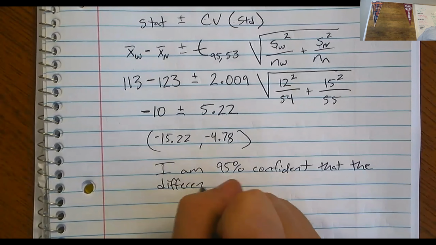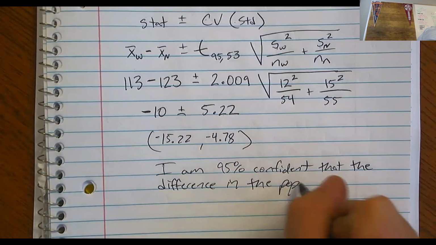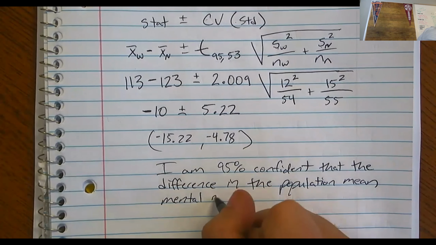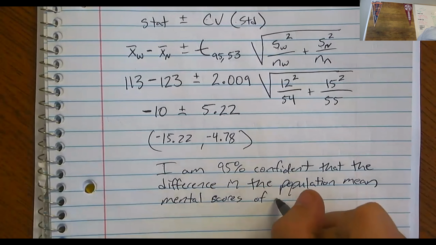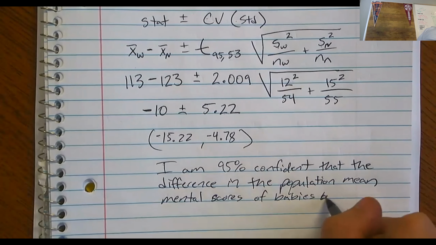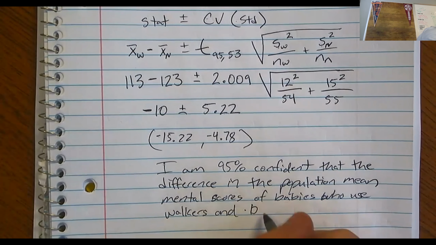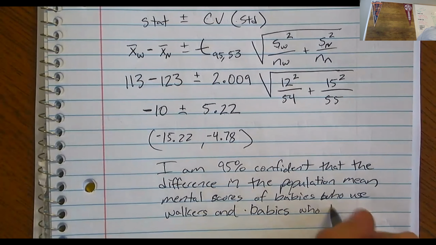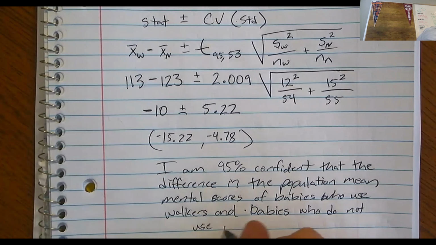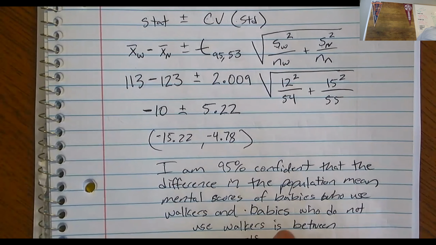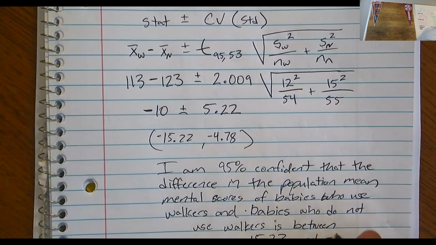I'm 95% confident that the difference in the population mean mental scores of babies who use walkers and babies who do not use walkers is between negative 15.22 and negative 4.78.